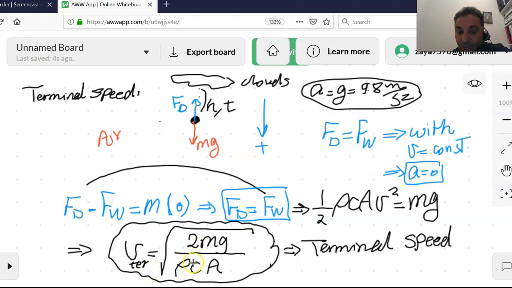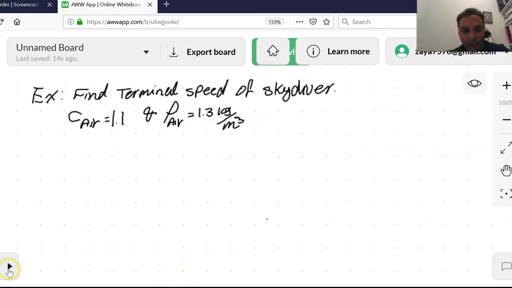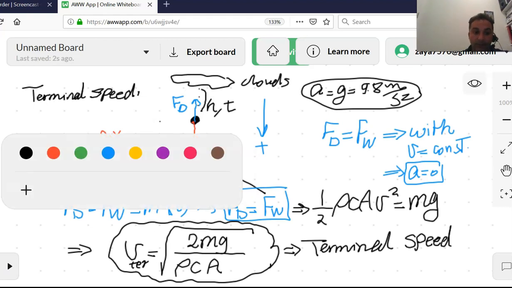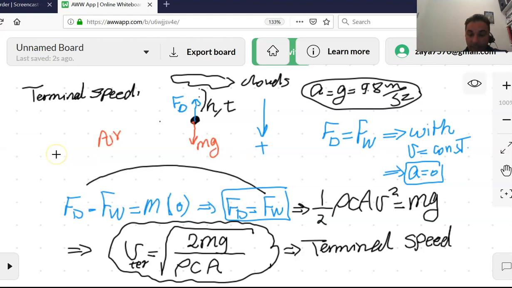It's 2mg divided by rho C A, take the square root. So here, I can actually conclude an important thing. Guys, if mass increases, here I see the terminal speed also increases.